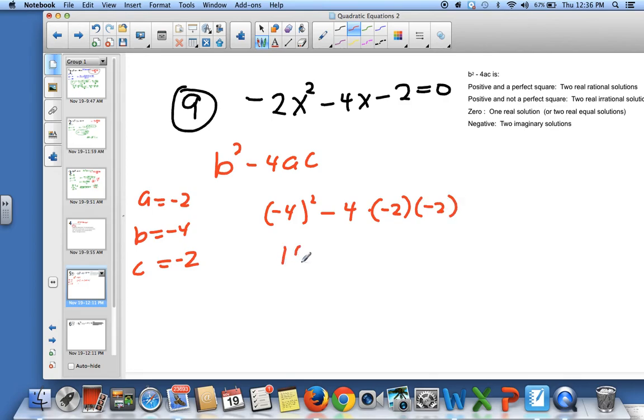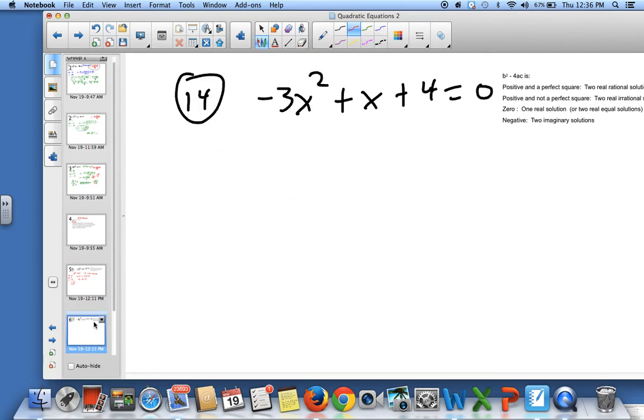So that's 16 minus 16, which is 0. So b squared minus 4ac is 0. And if it's 0, there's one real solution. I've got to write better than that, sorry. So the answer to number 9 as a multiple choice thing would be 0, 1 would be A.